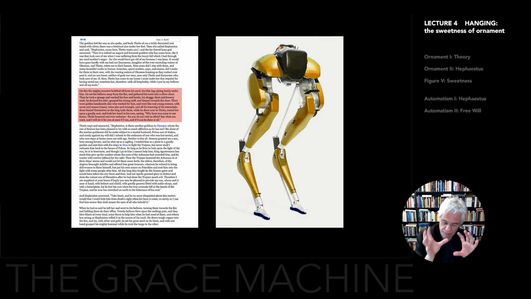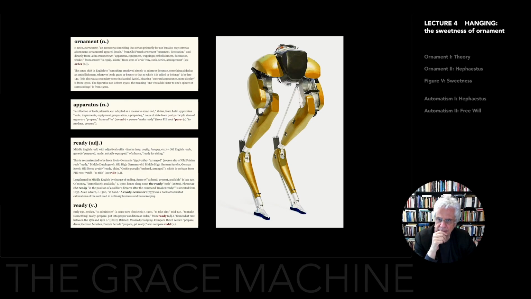So we got this prosthetic as well as the mimetic in a sort of looping figure, and we get this idea of shining ornament and how that is related to self-movement. Let's look at the meaning of the word ornament. I just want to do this sort of in between. Let's keep this idea of prosthetic and mimetic in the back of our minds.